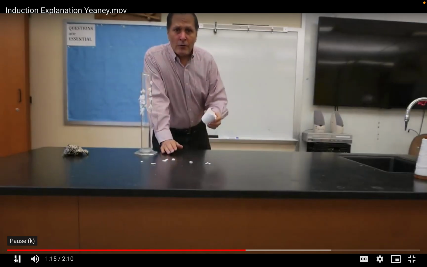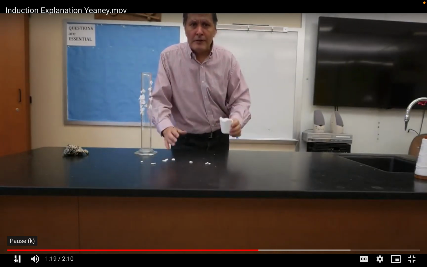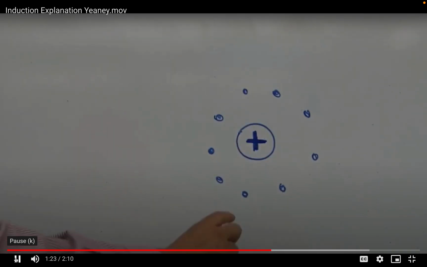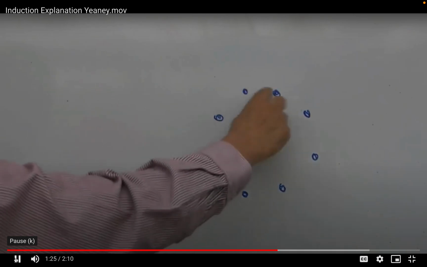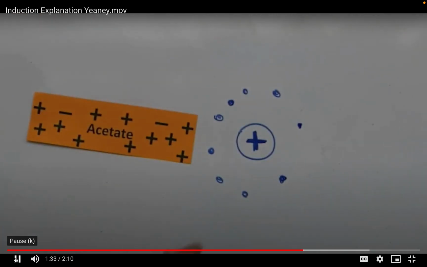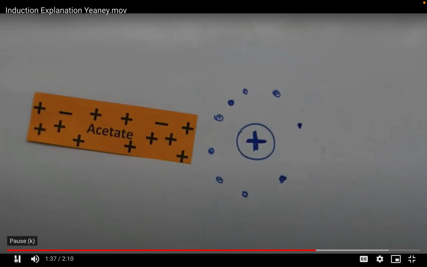Now, what makes it an insulator? Well, their electrons in their atoms are bound up, and they're not able to escape very easily. The atomic theory tells us that the nucleus is positively charged, surrounded by electrons which have an equal amount of negative charge. When a positive charge is brought near these atoms, the electrons shift over and are attracted to that positive charge. This process is called polarization.